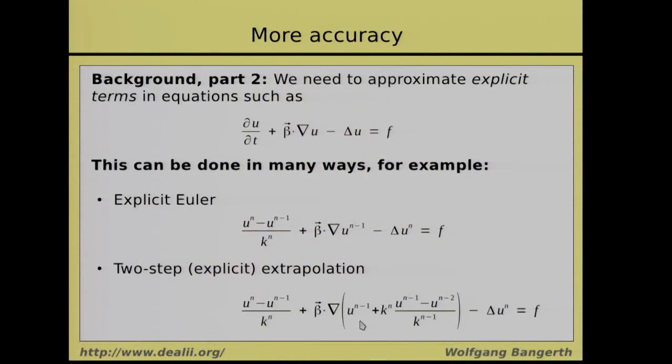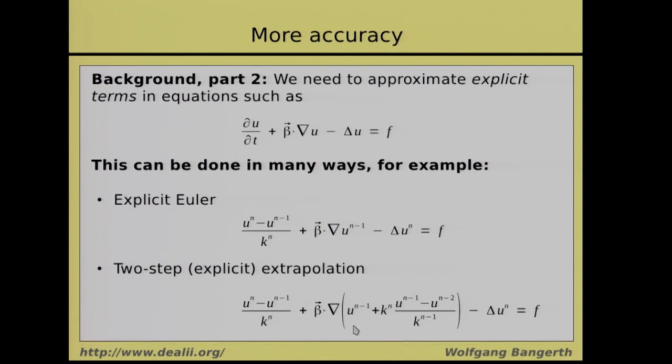And so there are other options, for example, this one here. Instead of writing u_{n-1}, I could start at u_{n-1} and extrapolate using the derivative that I compute from the previous two time steps. So u_{n-1} minus u_{n-2}, divided by k, is the time derivative, times the length of the time step.